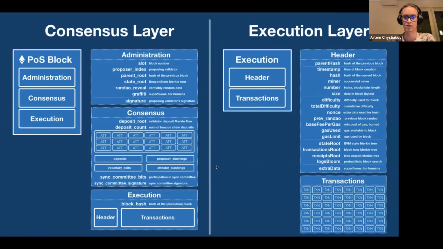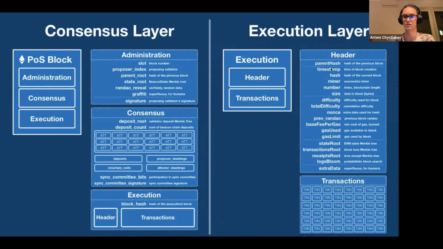And where exactly are those blocks stored? If we go really deep into how a node works, it is just a regular database, and the whole blockchain is there.